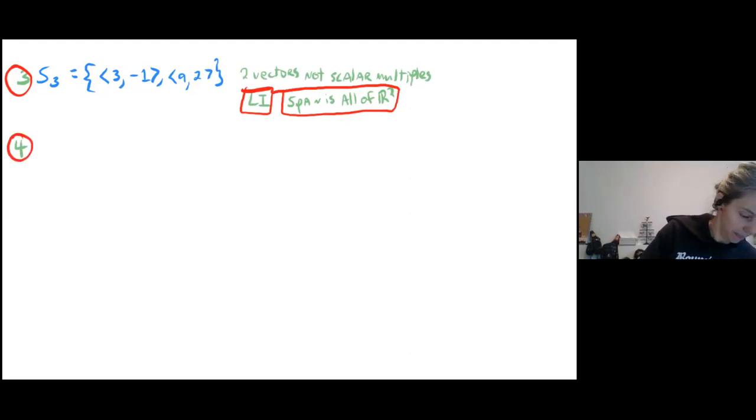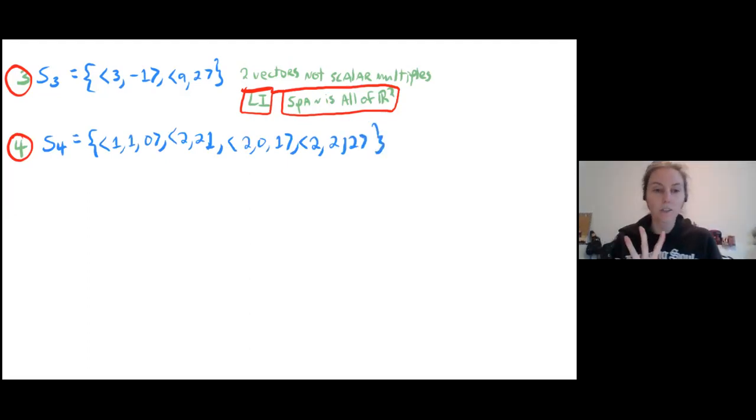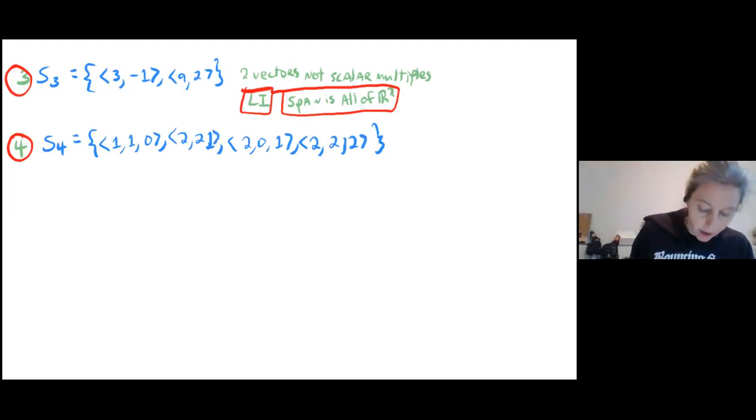S4. We have 4 vectors in R3 here. Oops, I forgot my little thing there. 4 vectors in R3. That's a 2, 2, 1.